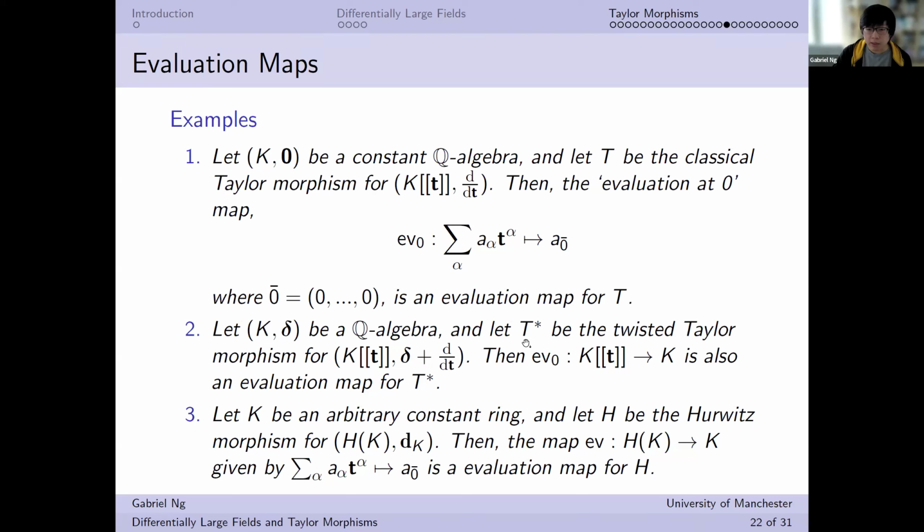And the same map actually works also for the twisted one, and again for the Hurwitz one as well. Although this is a different ring, so it's not exactly the same map, you can check easily that this remains a K-algebra homomorphism, and that this works.